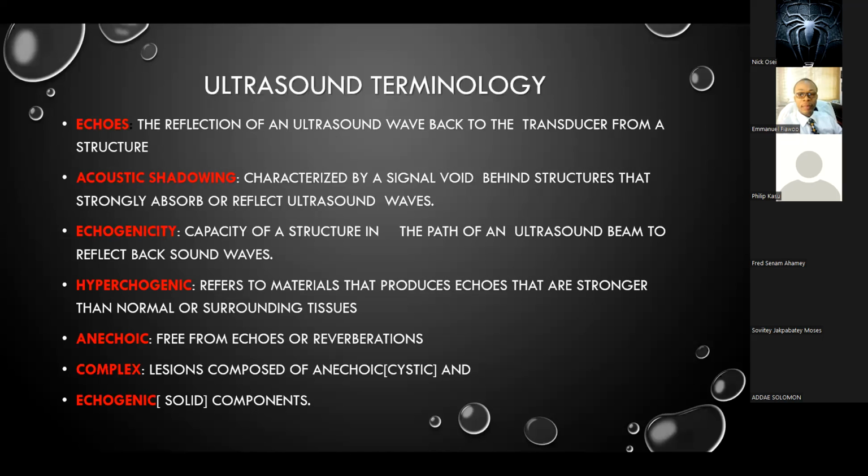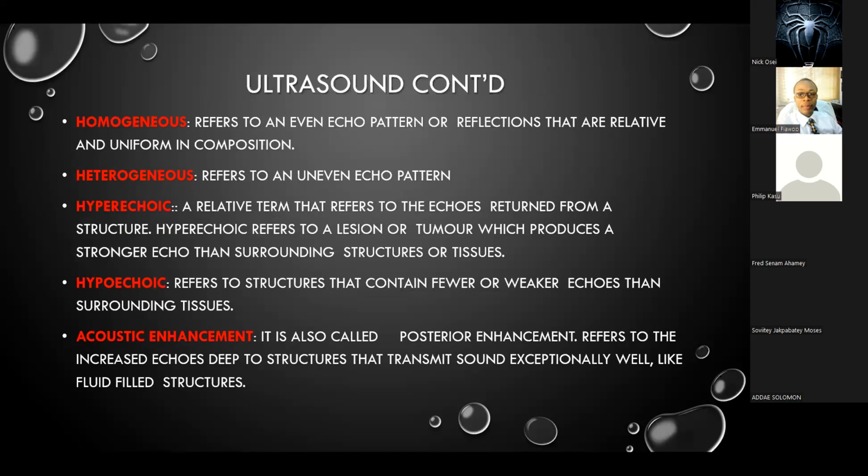I think I need to rearrange these things here. So the other terms we would see a lot are homogeneous and heterogeneous. Homogeneous is an English word. When you get a structure where the picture looks very uniform, and there aren't hyperechogenic and hypoechogenic areas, then you say that it is homogeneous.